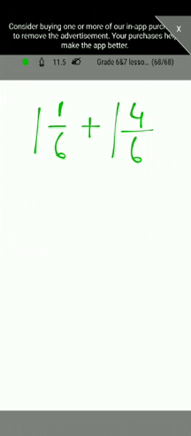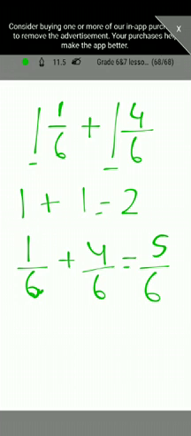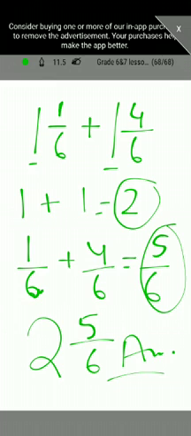You have whole numbers 1 and 1 here, so you add 1 plus 1 is equal to 2 whole, and then you add 1/6 and 4/6. So your answer for the fractional part is going to be 5/6. Then you write the whole number and fraction together, so your answer will be 2 whole 5/6.